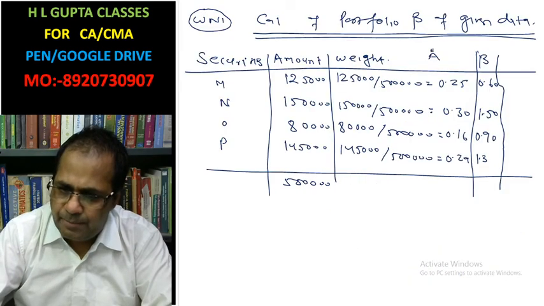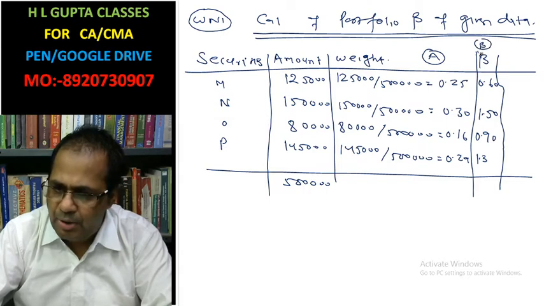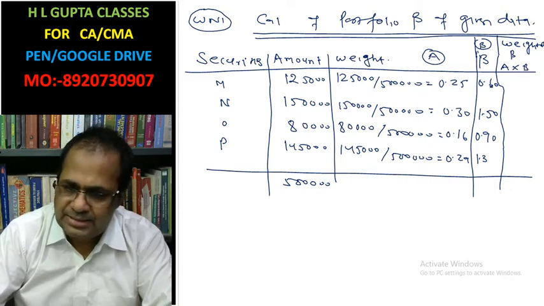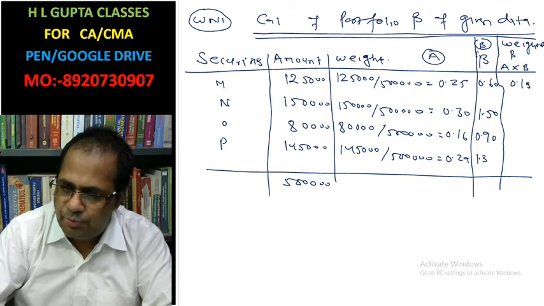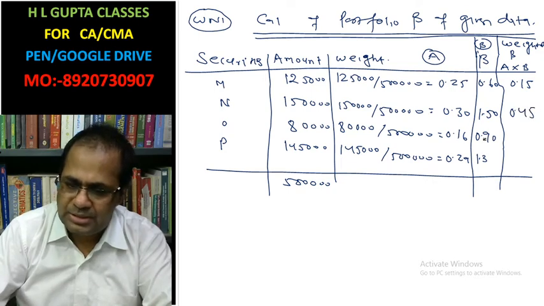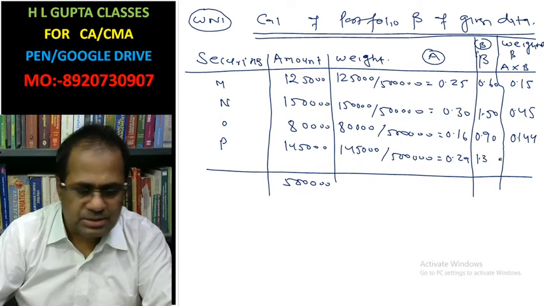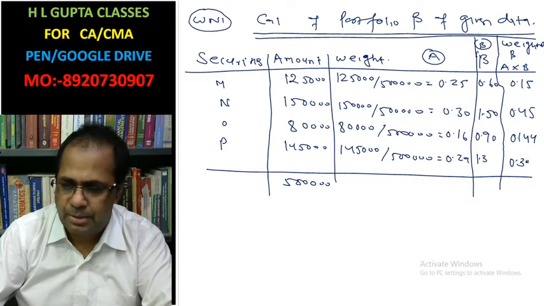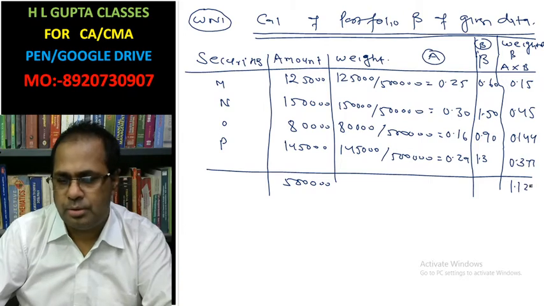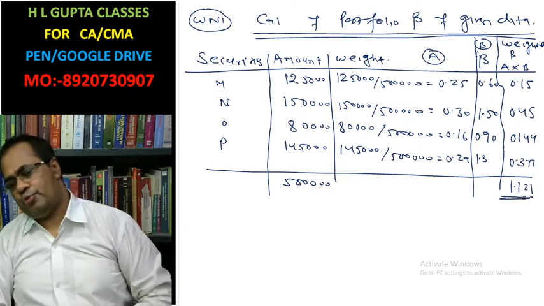Suppose this column is A and this is B. You calculate the weighted beta, that is the portfolio beta, by multiplying A into B. After multiplying you get 0.15, 0.45, 0.324, 0.377. So this portfolio beta is 1.121.